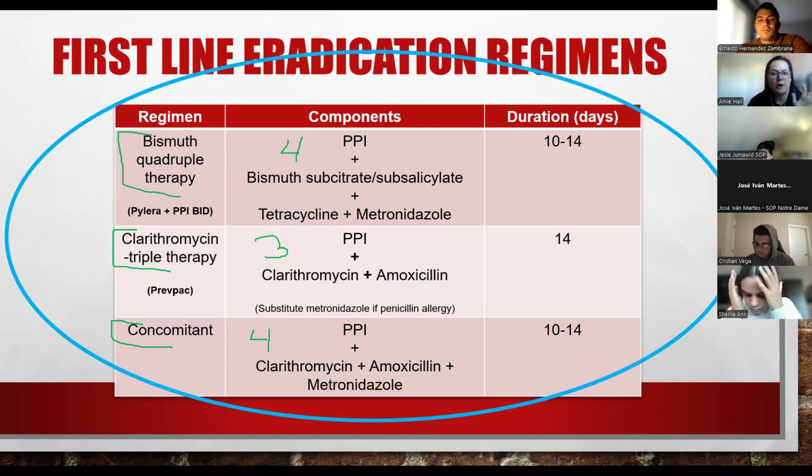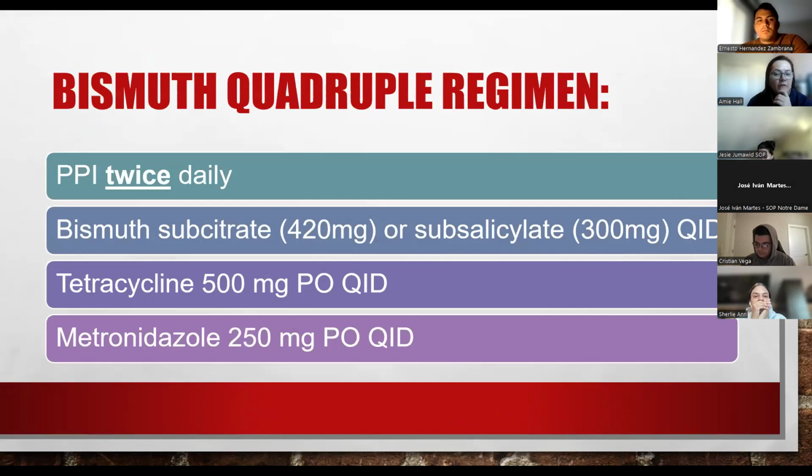So going a little bit deeper into these therapies, first we have the bismuth quadruple therapy, and it is a PPI twice a day. This is really important. The PPI has to be twice a day in these therapy regimens. So when you're looking for an answer on a test about which regimen is most appropriate, make sure that the PPI is twice a day.